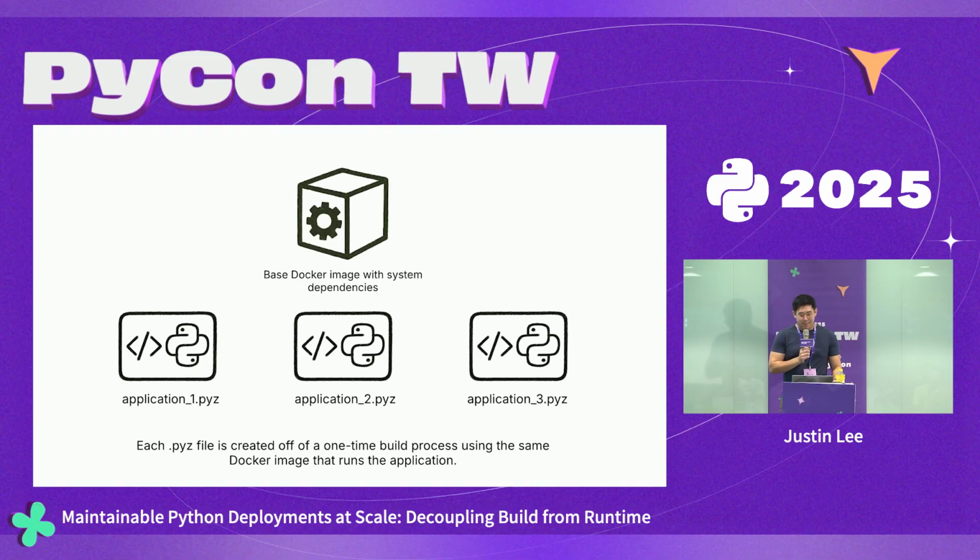We utilize the PEP 441 standard with Shiv archives to build a .pyz file that has fully self-contained Python environments to run our application. And we only have to manage one single Docker file that is used for both building the application and for running the application. And this decoupling gives us flexibility, portability, and a clear convention for managing applications, more enterprise ready.